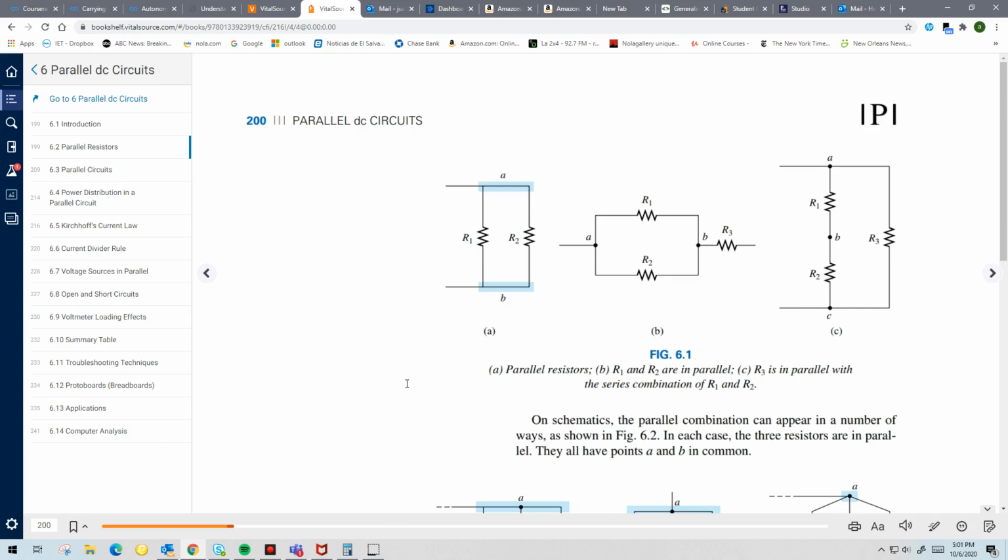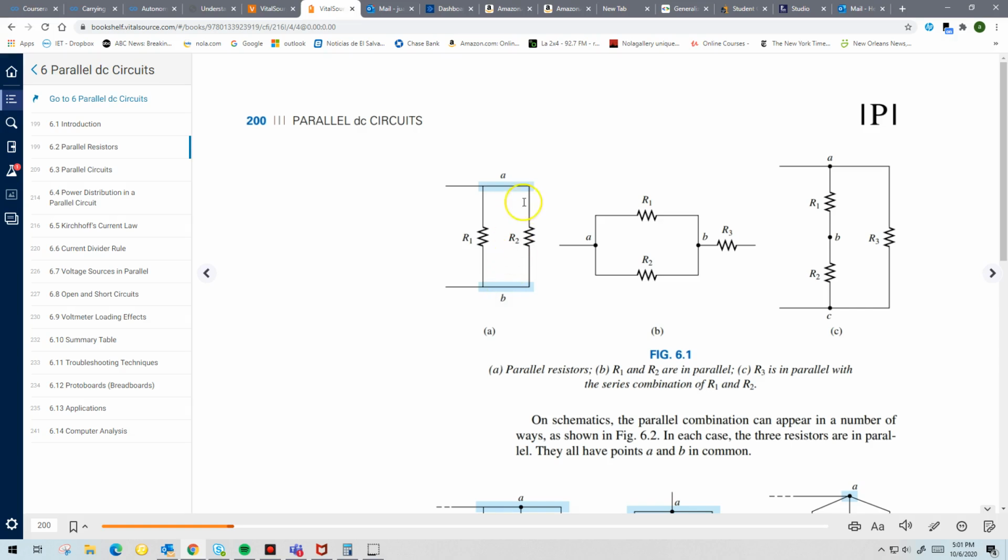You can see this in this figure here. In figure A, R1 and R2 have A in common and B in common. If you think in terms of the protoboard, this point A will be the same connecting point in the protoboard, and this point B will be the same node in the protoboard.